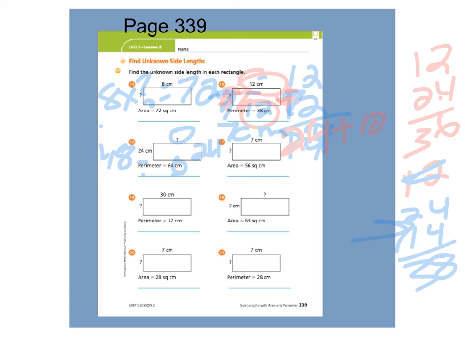So if I did something easy, like a 5 and a 5 is a 10, that'd be 58. A 10 and a 10 is 20. So 48, 58, 68, that's too much. So I know it's in between a 5 and a 10. And I can just play with those numbers until it actually fits. So area is a multiplication equation. 7 times something is 56. Perimeter is a little bit different. More of an addition equation.